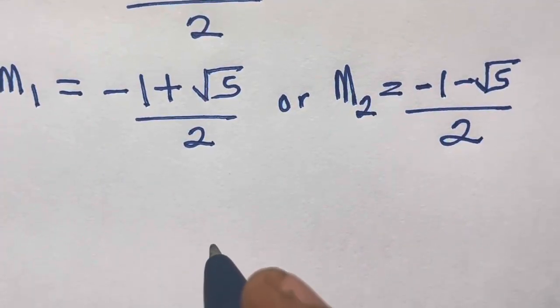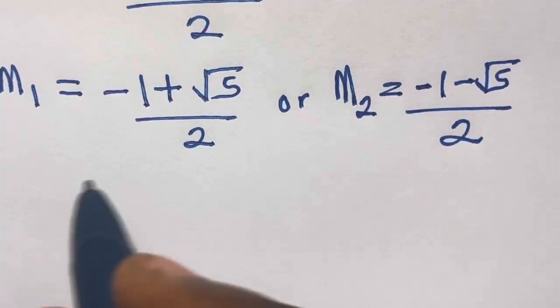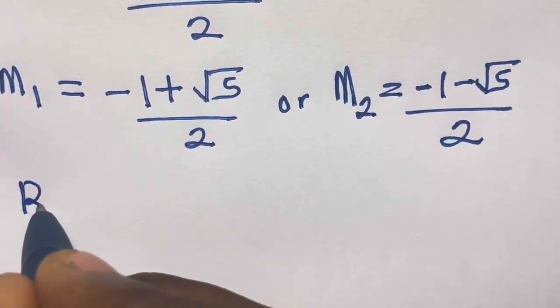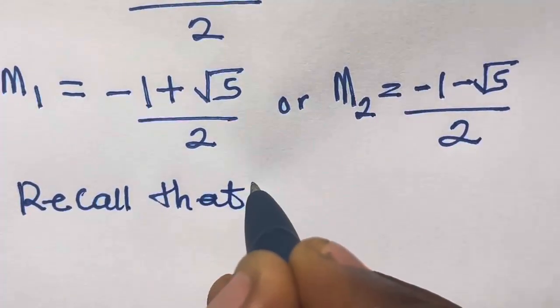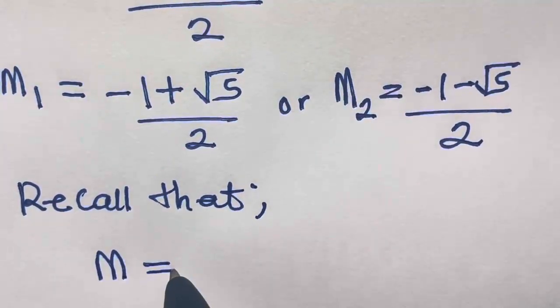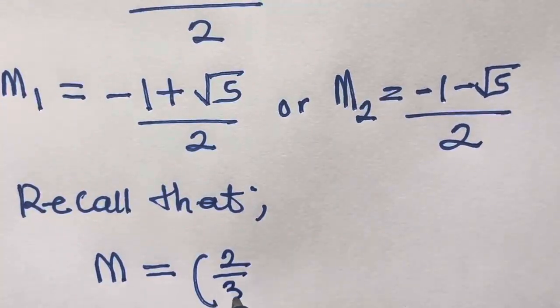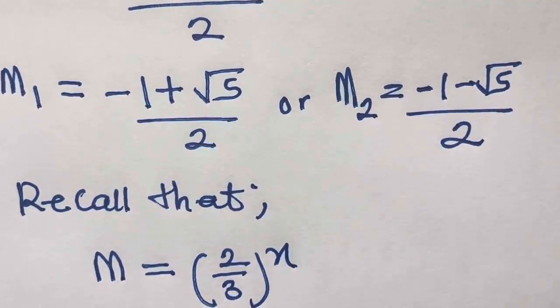But we are not asked to find m, we are asked to find x. So recall that m equals (2/3)^x.